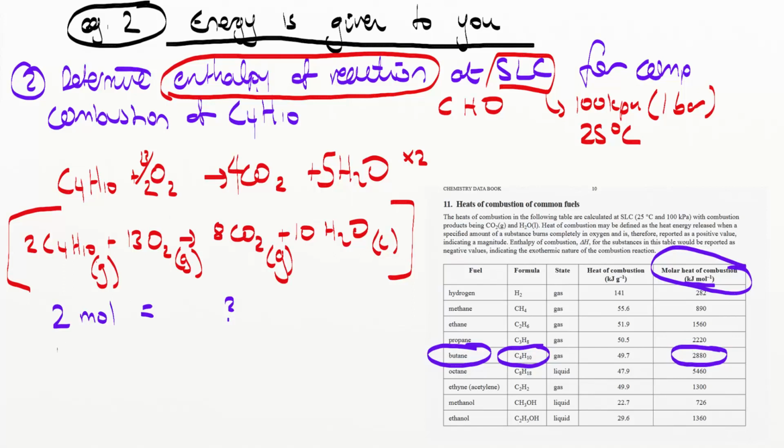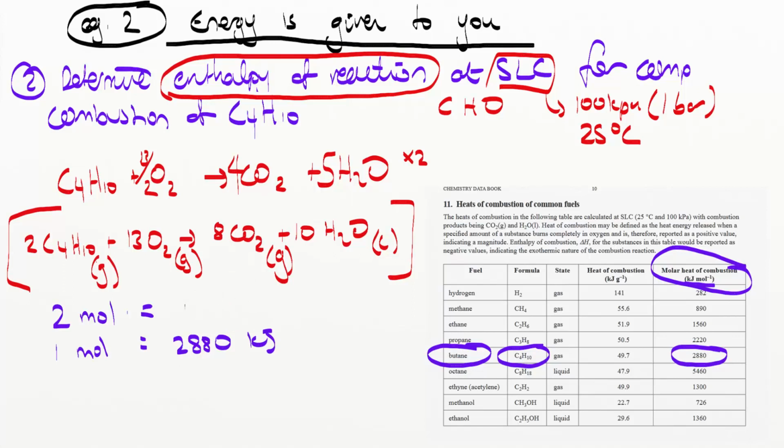So we know 1 mole of butane will release 2,880 kilojoules. So therefore 2 moles are going to release how much? Well, we can do it 2 ways. We can just multiply this number by 2, or we can cross multiply. So I'll just cross multiply just to remind us how we go about doing it.